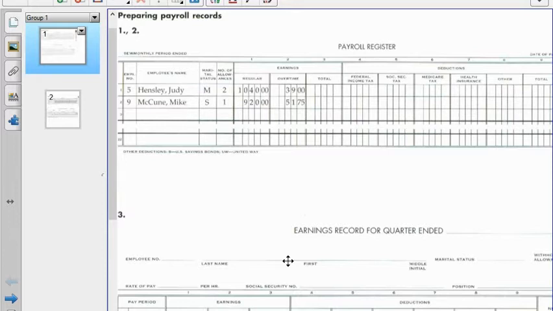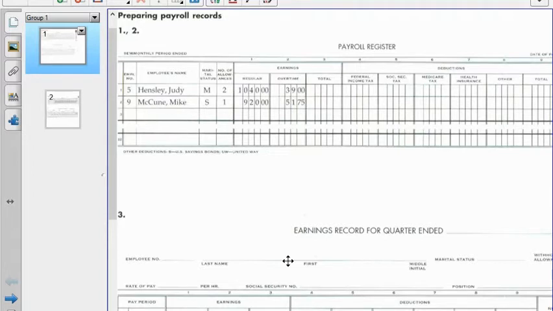Instructions say, select payroll for antique shop provided in the payroll register, and the instructor will guide you through. Complete your payroll register entries for Judy Hensley and Mike McCune. Semi-monthly pay period, July 15th of whatever year we make up. Tax tables are back in lesson 12.2, 6.2% on social, 1.45% on Medicare.